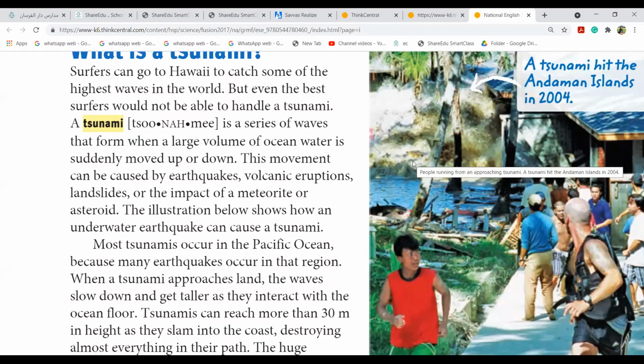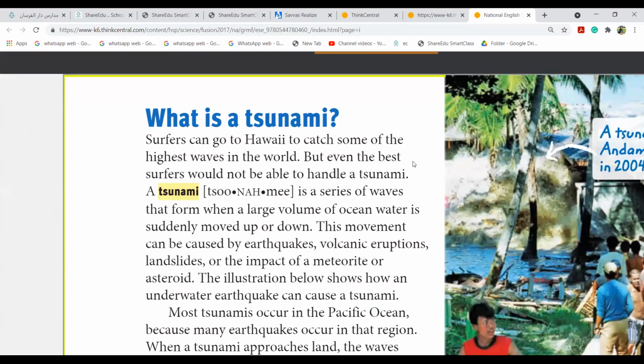What is a tsunami? Even that day I was trying to show you a video. But even the best surfers would not be able to handle a tsunami. Even the best swimmer, who is aware that a tsunami is going to come, nobody can control this.